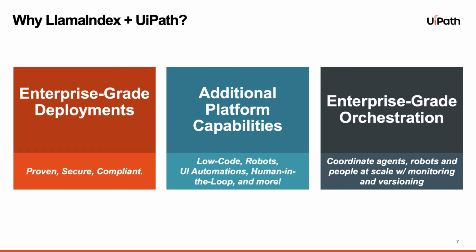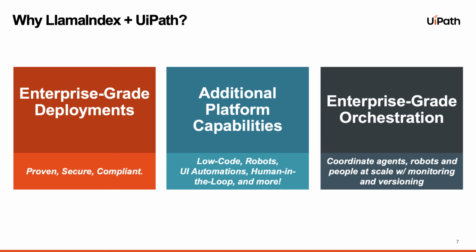We're already at a large percentage of the Fortune 100. So if you're one of those developers at these Fortune 100 companies, and you want to develop agents, you might want to check out LlamaIndex because then you can just deploy it on your existing UiPath infrastructure.